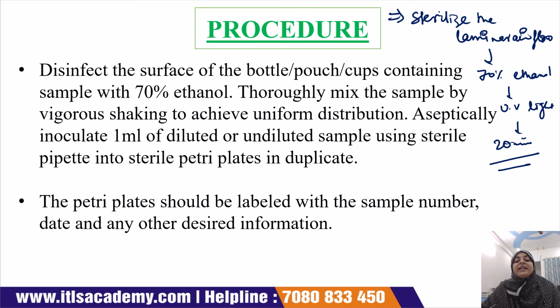After mixing, we take 1 ml from the first test tube and add it into the second test tube. Then second to third, third to fourth, fourth to fifth, and fifth to sixth. This is called a serial dilution. How we perform that serial dilution, the video related to this is already uploaded in our account. You can visit our YouTube channel and see that video.